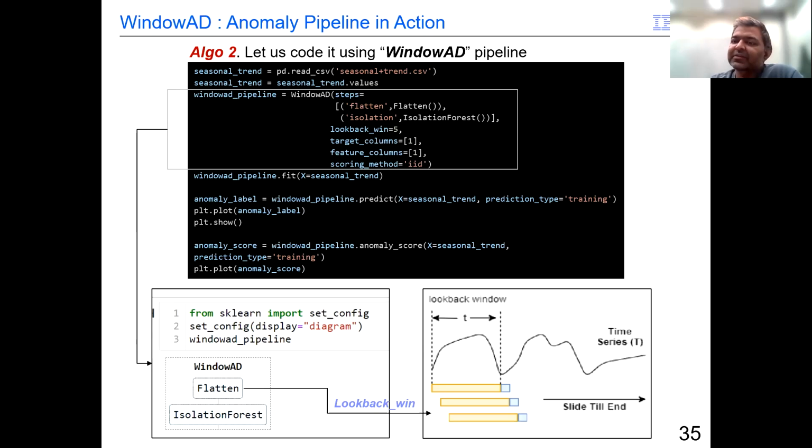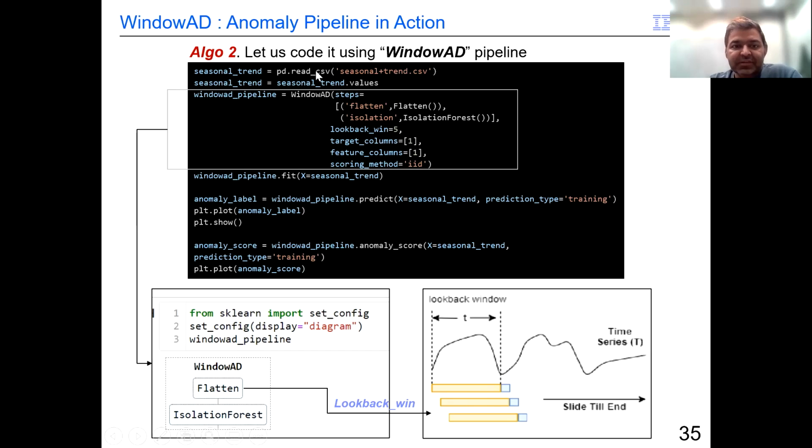Suppose the data scientist wants to build the anomaly model using this principle: given a time series, slide a window at a regular interval, and then use an open source anomaly detector like isolation forest. The window AD pipeline that we have built into our toolkit may help data scientists to write this pipeline.